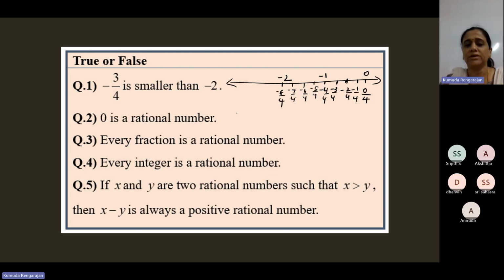This is minus 2, correct. And we know as we move towards the left, the value keeps decreasing. So minus 2 is less than minus 3 by 4. That means minus 3 by 4 is greater than minus 2, correct?